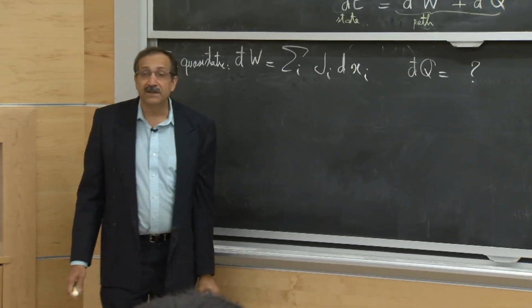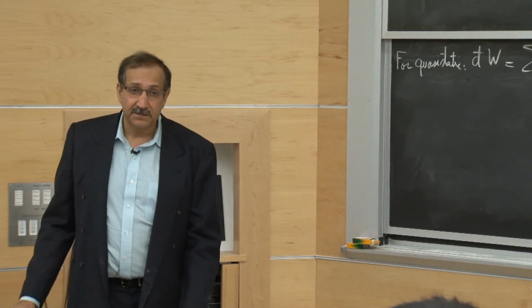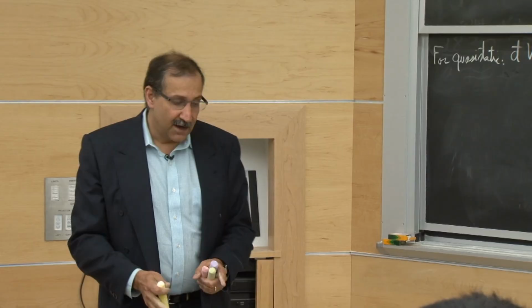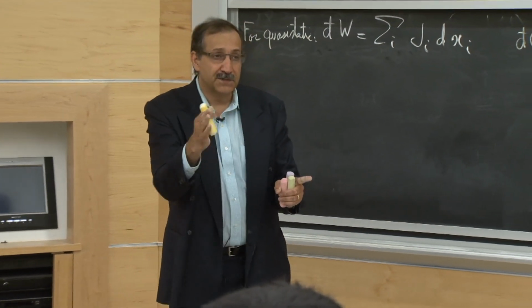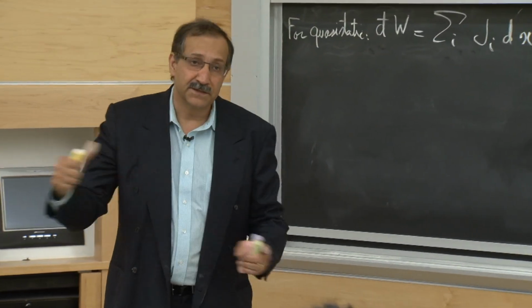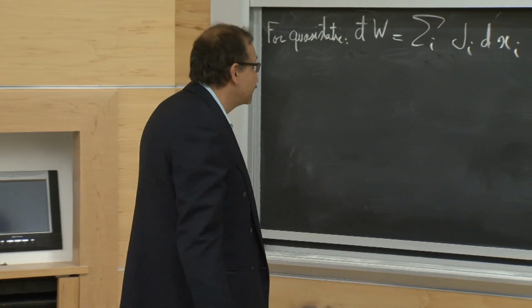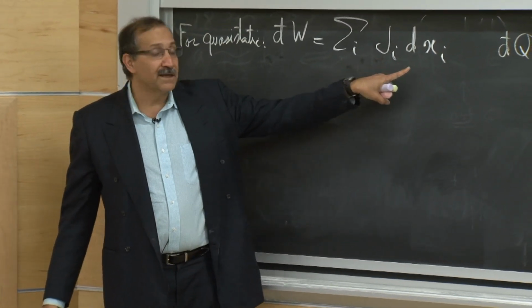The forces are the things that tell us whether systems are in equilibrium with each other. So if I have, let's say, a piston separating two parts of the gas, the piston will not move one direction or the other if the pressure from one direction is the same as the pressure from the other direction. So mechanical equilibrium tells us that j's are the same.